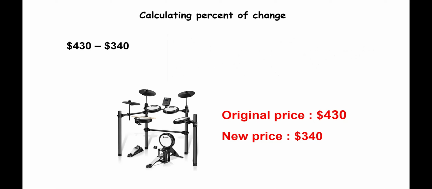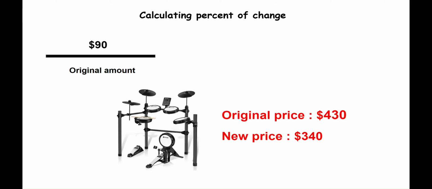And 430 minus 340 gives us a difference of $90. Our second step is to take our difference and divide it by the original price. Now, the drums originally cost $430. So that's what we're going to divide by.